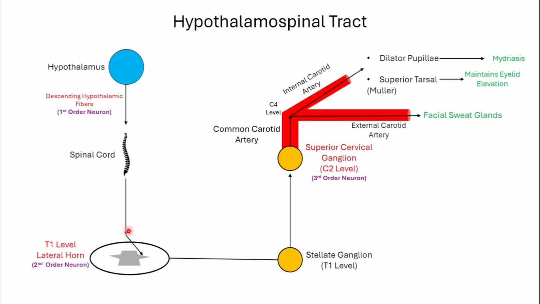Once it reaches the T1 level, it synapses on the lateral horn, then goes up laterally, passing the stellate ganglion at the T1 level until it reaches the superior cervical ganglion at the C2 level, parallel to the common carotid artery. The tract then goes up to the level of C4, where the common carotid artery bifurcates into the internal and external carotid arteries.